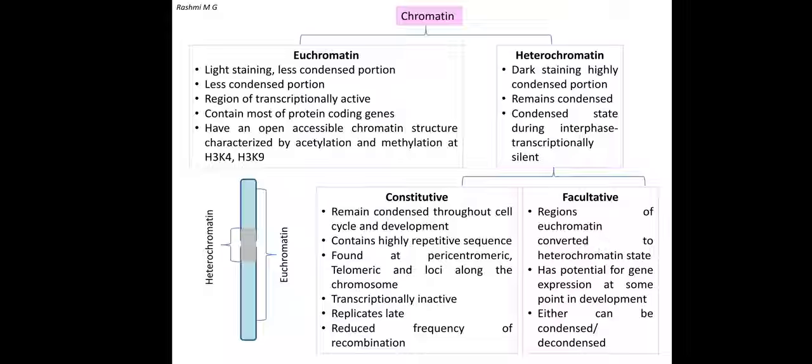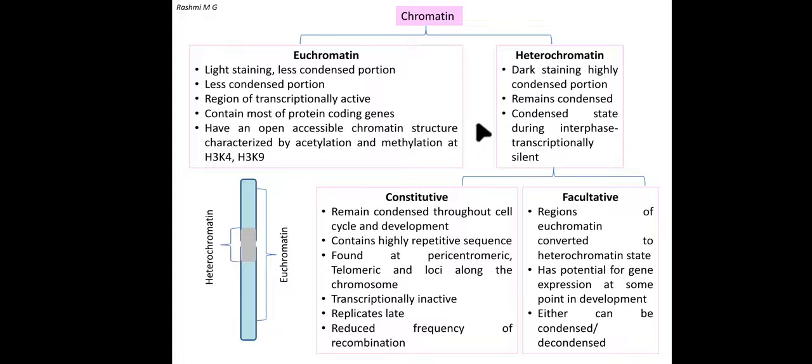Based on its faculty or benefit, it can be converted into euchromatin sometimes, or regions of euchromatin can become heterochromatin, and it has potential for gene expression. As it is sometimes euchromatin, it has the property of transcription, and they can express the genes, and either they can be condensed or decondensed.